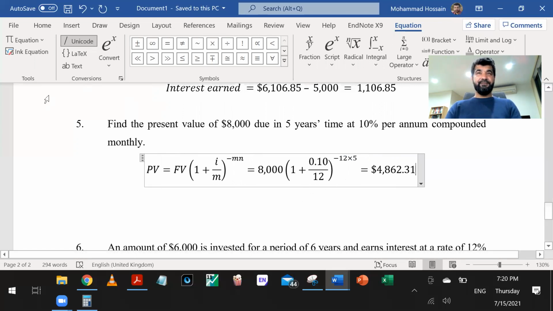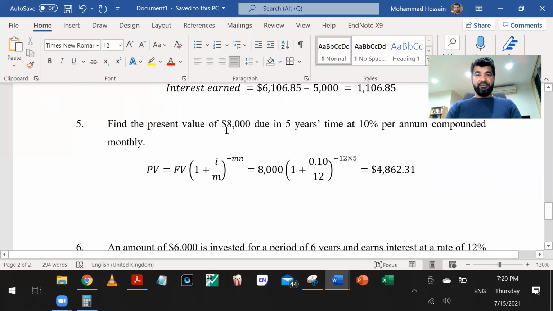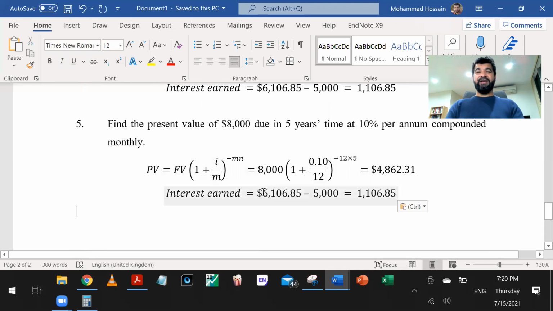How much interest has been earned? So 8,000 minus this. The present value is 8,000, so we're not really going to talk about interest here because we're talking about present, not future values. But you can say that if they invest, that time they will earn that much interest.